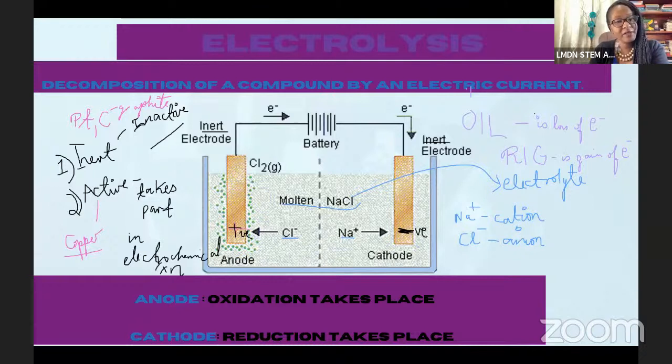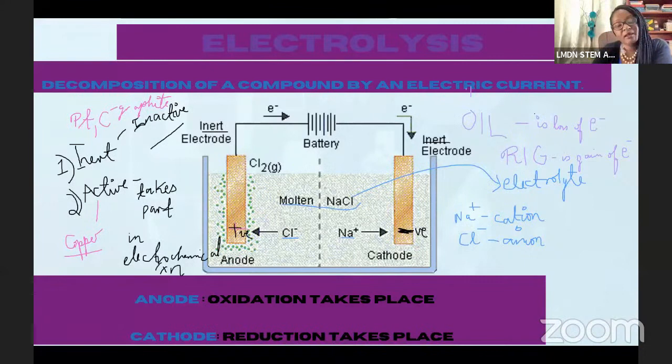Anions are negative, the anode is positive, the anions are wanting to go towards the anode, and when they reach the anode, they will be oxidized. They will lose their electrons, right? Give me a thumbs up if that's clear. The anion is going towards the anode, which is positively charged. At the anode, oxidation takes place. When the negative anion gets there, it's going to lose its electrons. That's what we mean.